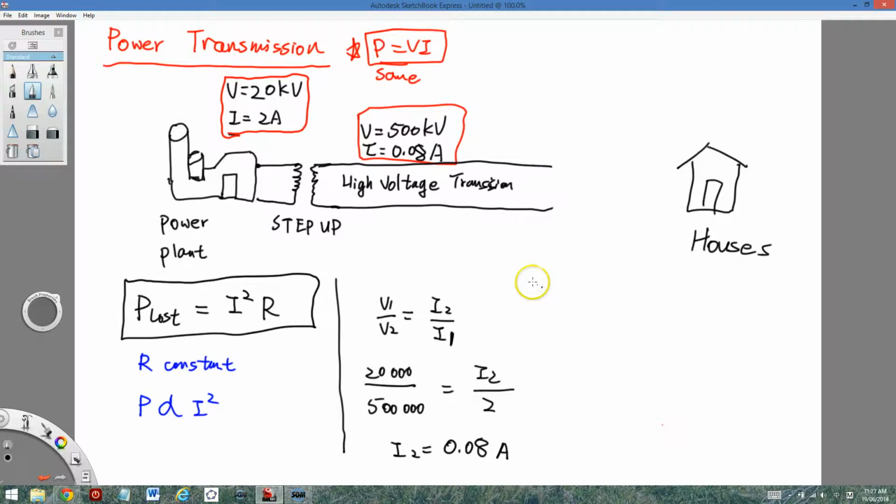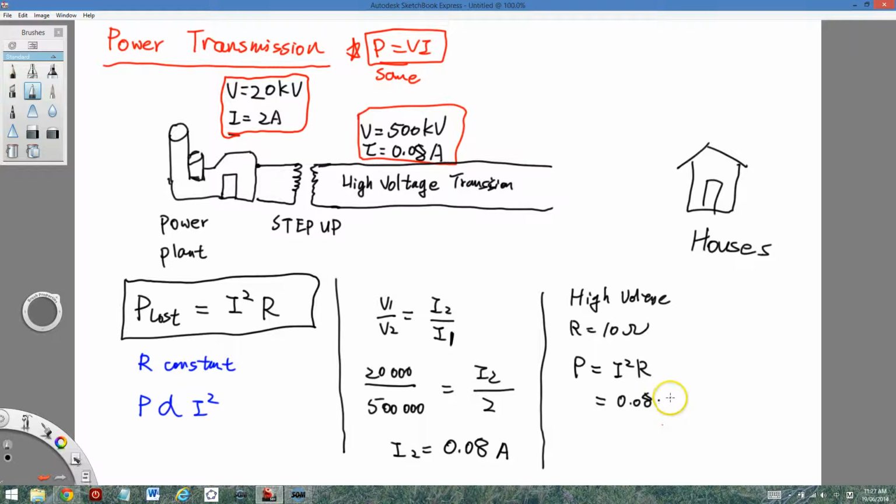Assume the resistance of the wire during the high voltage is say 10 ohms. We can actually calculate the power loss. And the power loss will be I squared R, so 0.08 times 10. Type it in your calculator.